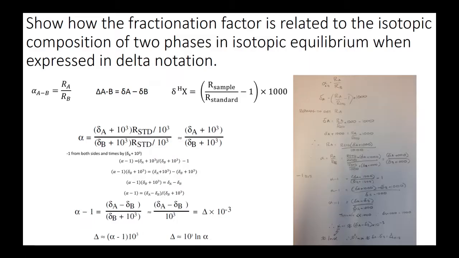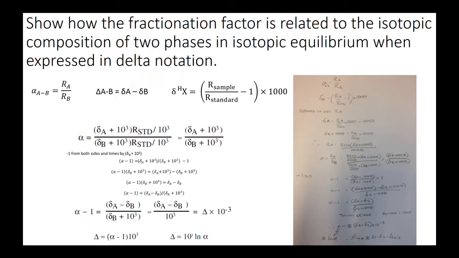So just super briefly, here's some maths of the first part of the practical, and all we're really asking you to do here is explain how the fractionation factor, so that's this equation here, the ratio of the absolute isotope ratios between two phases, relates to the actual measured isotope ratio between two samples.